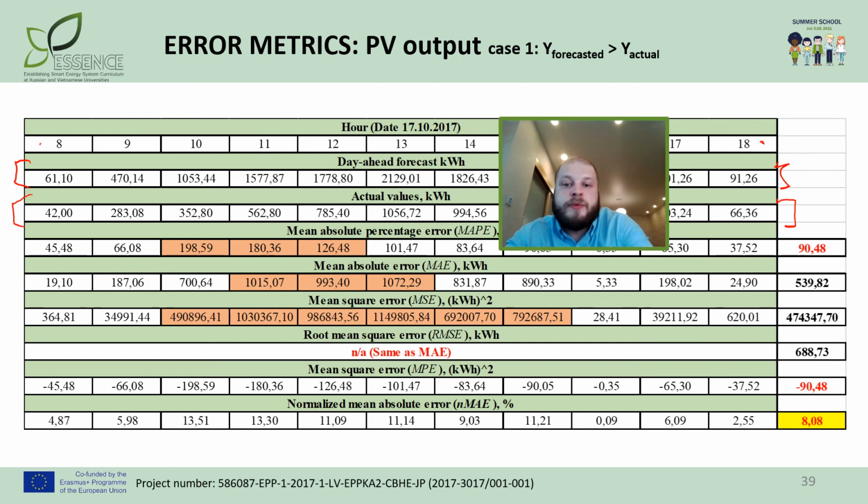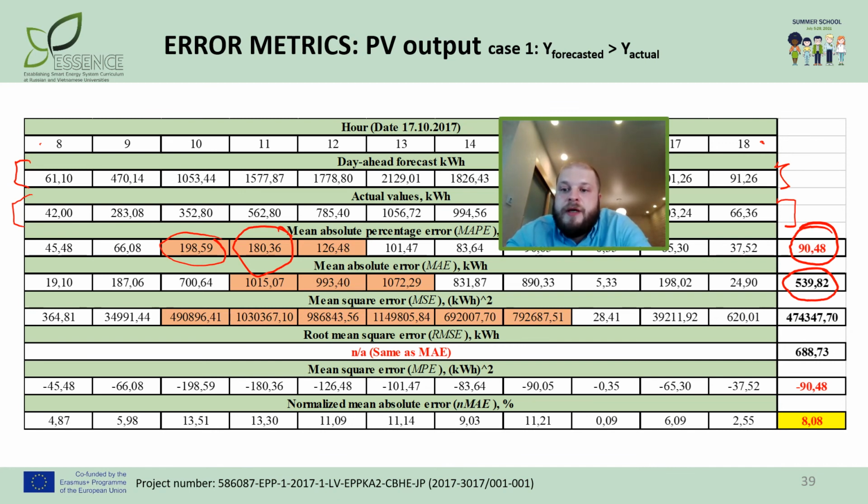Well, that's actually what I was talking about, because when we have the predicted value greater than the ground truth, the final error for these specific hours may be greater than 100%. If we measure mean absolute error, it is quite understandable as well, because it is measured in the corresponding units, kilowatt hours. So here we measure just the average deviation of the prediction from the ground truth. And here we have the average error in percentage of the model that you have created.